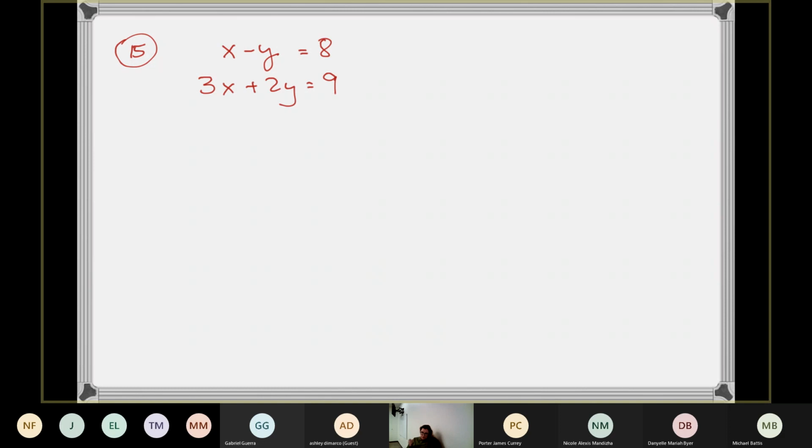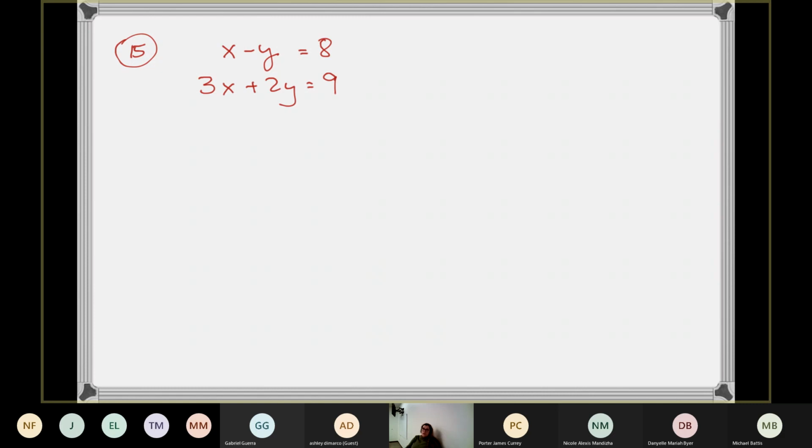So here we have to solve. Use substitution method. Neither one of those two equations says x or y equals. So A, which one do you think is the easier one to rearrange? And B, for which variable? One of the equations has to look like x or y equals.